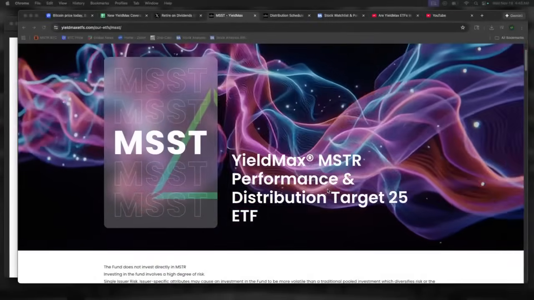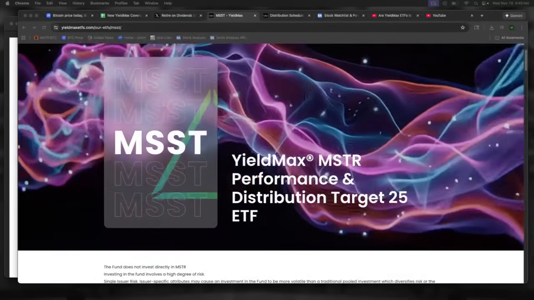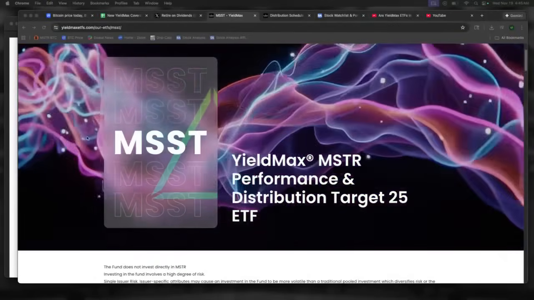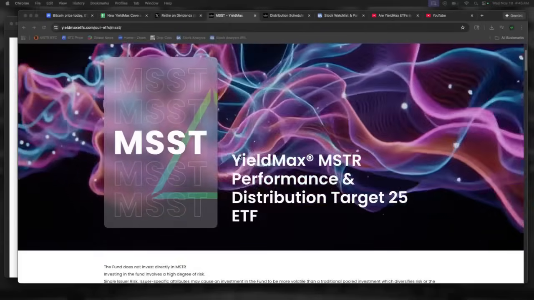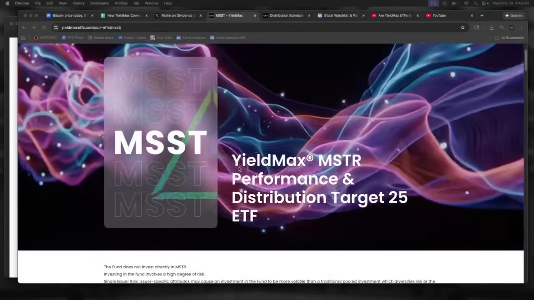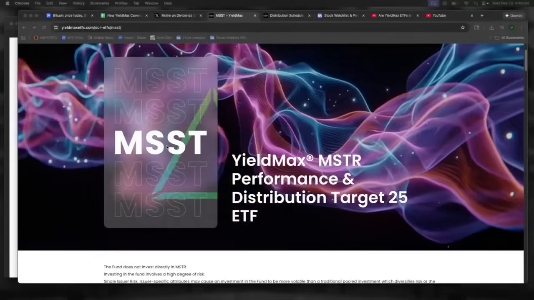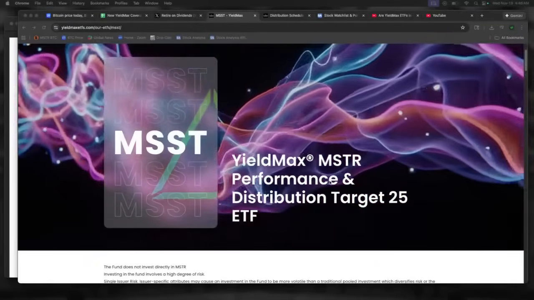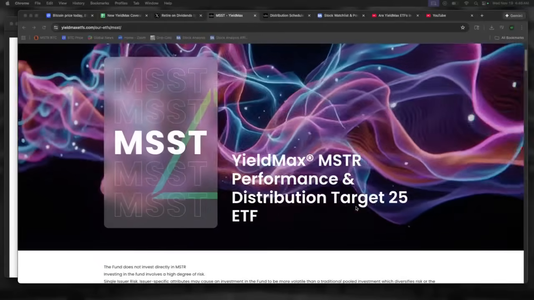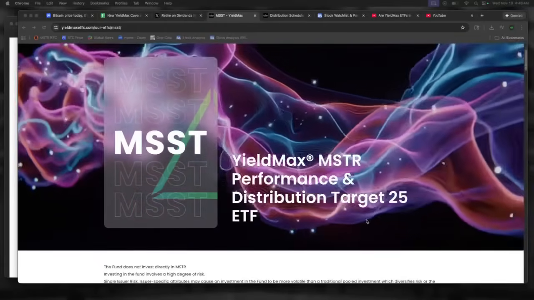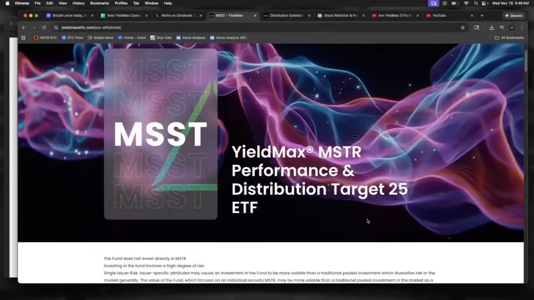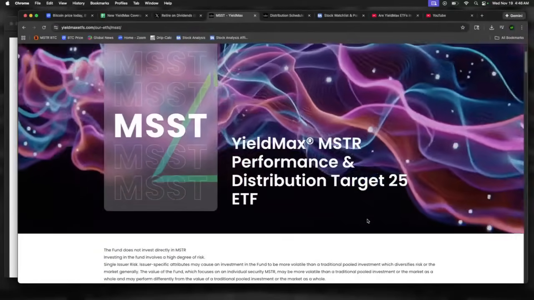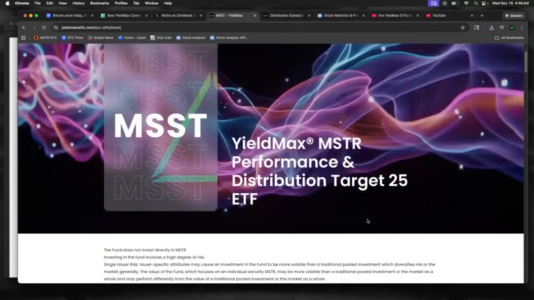All right. So as you can see on the website, this is one of their funds that they launched first. Of course, they're going to launch the MSTR version first. It's called MSST. It says YieldMax MSTR Performance and Distribution Target 25 ETF. So basically, think of it as almost a similar fund to MSTY.